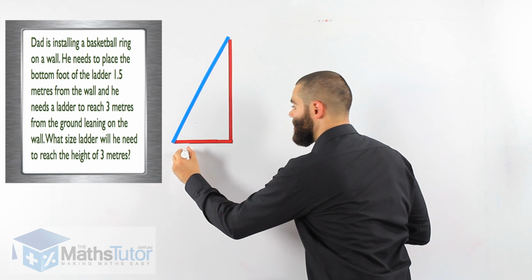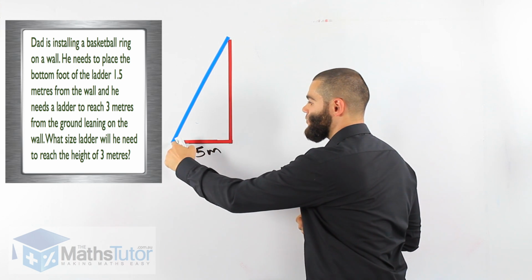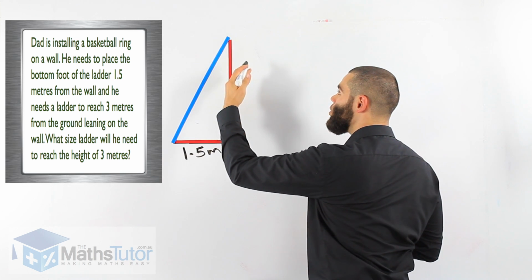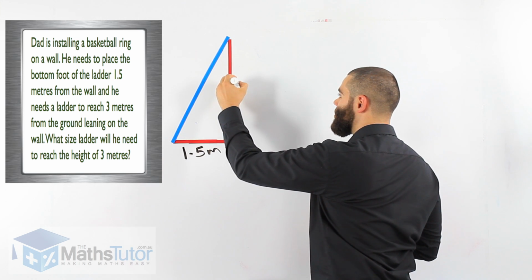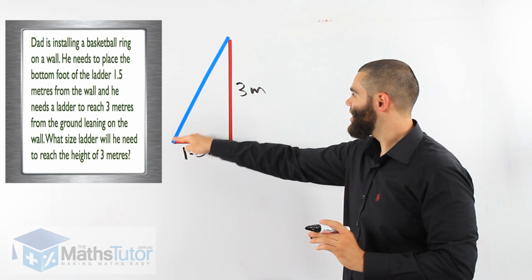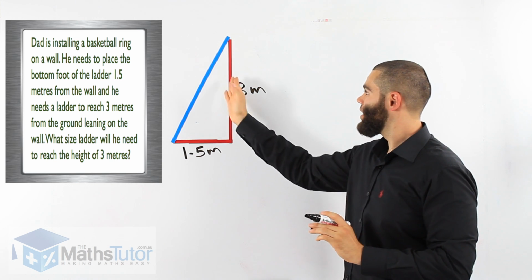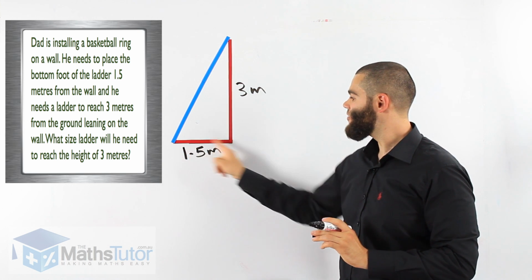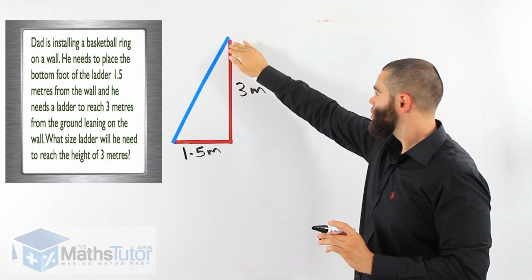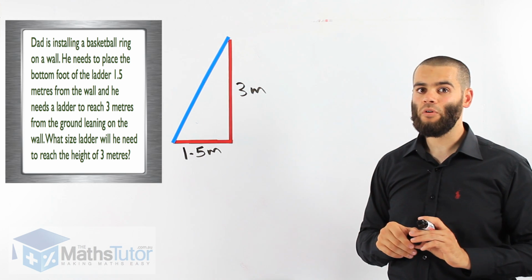So for safety reasons, the foot of the ladder is going to hit the ground and lean towards the vertical wall 3 meters high. Now what size ladder will Dad need to actually lean against the wall? 1.5 meters from the wall is the foot of the ladder leaning towards the wall so he can climb up and install the basketball ring.